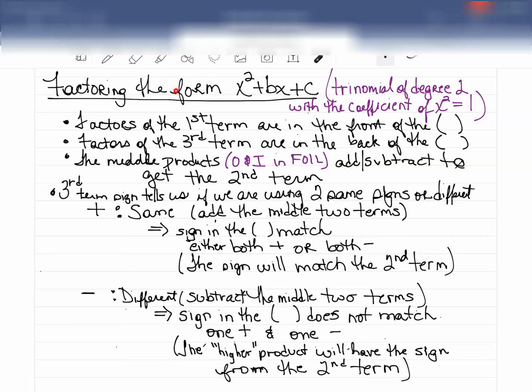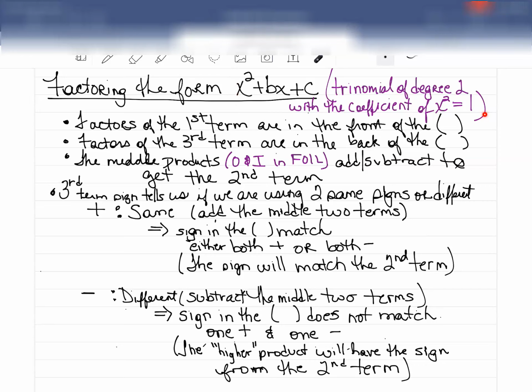These are our steps for factoring when the form is x squared plus bx plus c. What we have is a trinomial with degree 2, and the coefficient of that first term, the term with the highest degree, the leading coefficient, is 1.